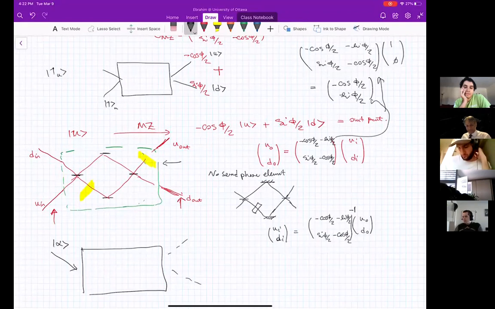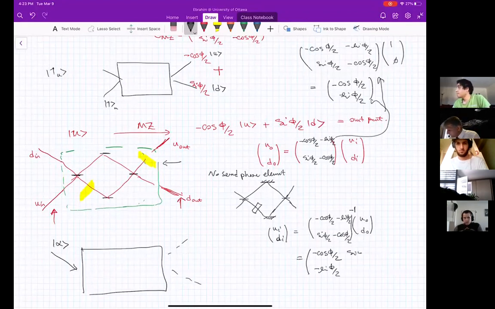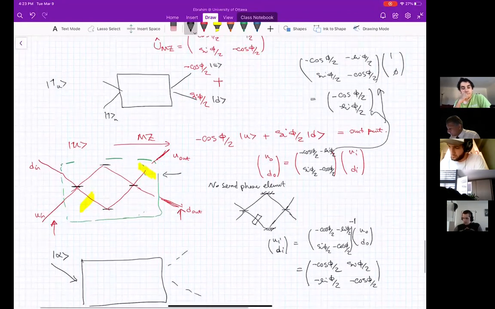That will be minus cosine of phi divided by 2, minus sine phi divided by 2, sine phi divided by 2, minus cosine of phi divided by 2, acting on UO and DO.